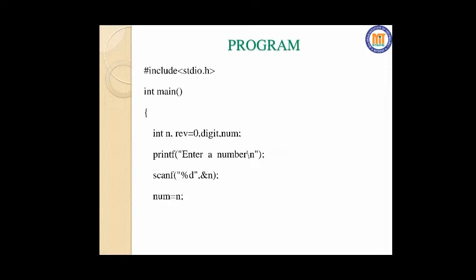First, write the print statement, that is, enter a number. So scanf will read the number from the keyboard, and as I have already told, to keep the original number, initialize the num variable with the original number n.